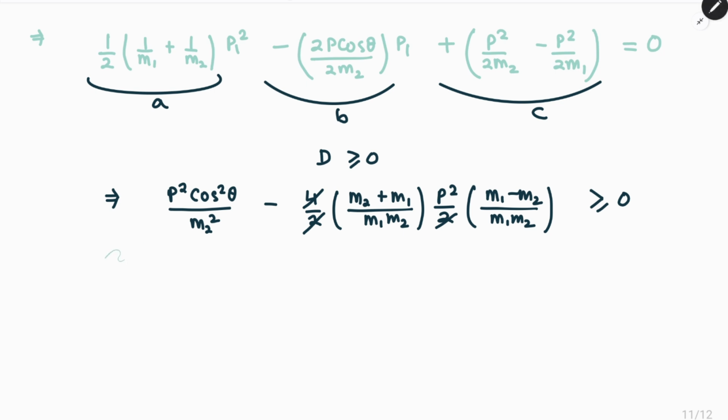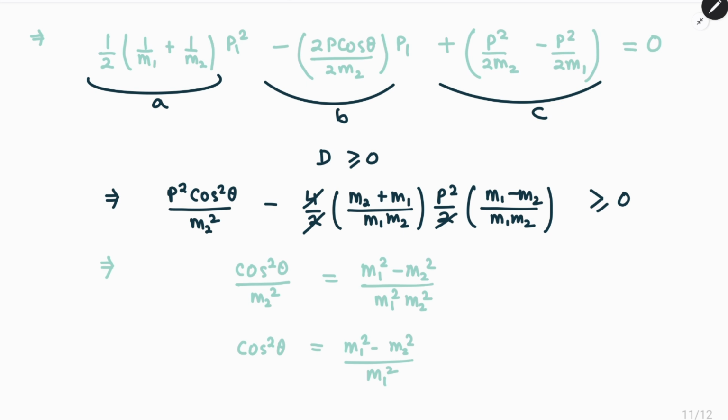So if we equate this expression to 0, then we will get the maximum possible value for theta, and hence we can solve it as cos square theta by m2 square is equal to m1 square minus m2 square by m1 square m2 square, and then if we remove this m2 square, we get cos square theta equals m1 square minus m2 square by m1 square.